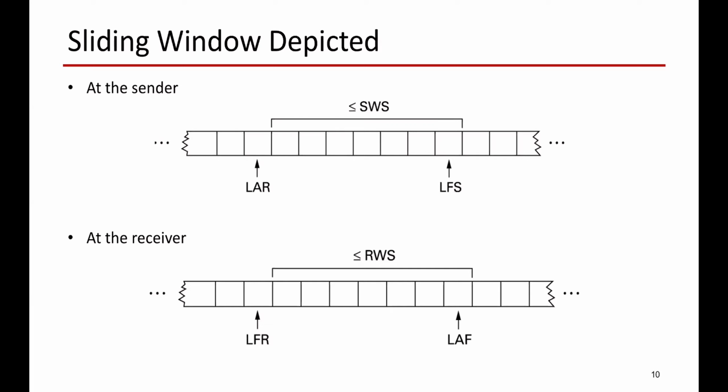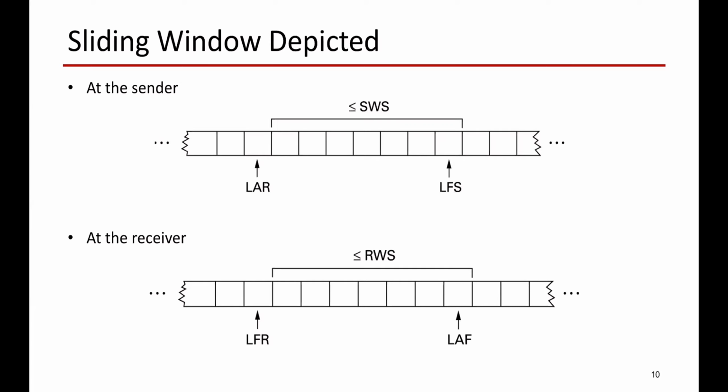On the receiver side, RWS means receive window size, LAF is the last acceptable frame, and LFR is the last frame received. You can continuously receive, but you have a buffer. Whenever a frame is received clearly, I can clear it out, and I can digest this much without feedback.